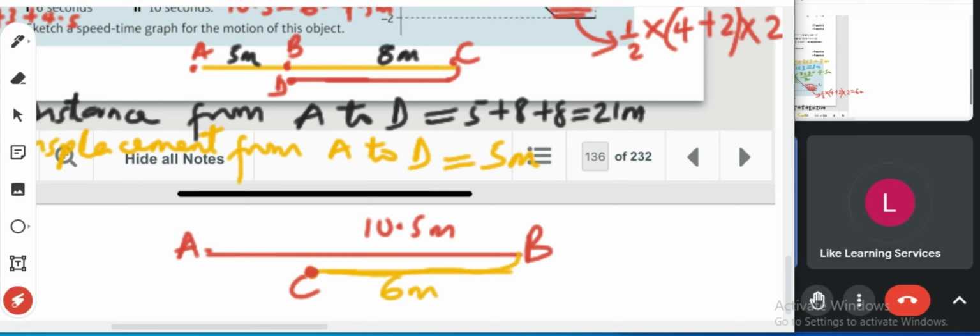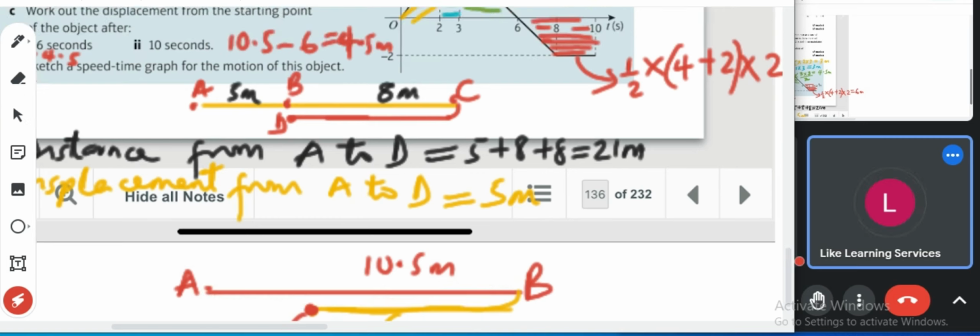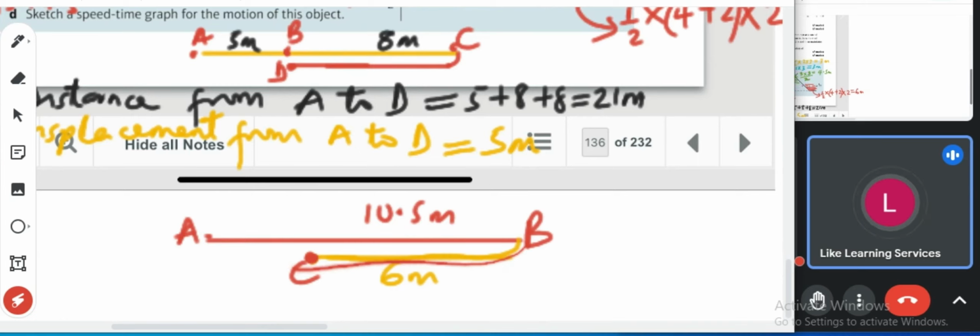So what's his displacement from A to C now? A to B was the forward motion, which you calculated 10.5, and B to C is the backward motion, which is 6.